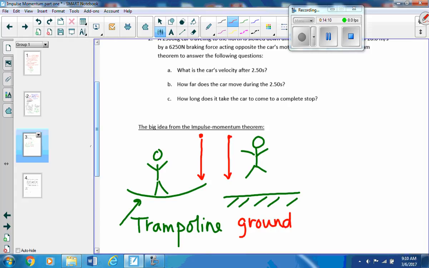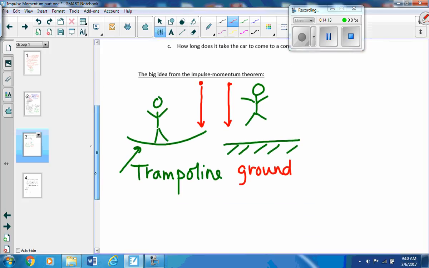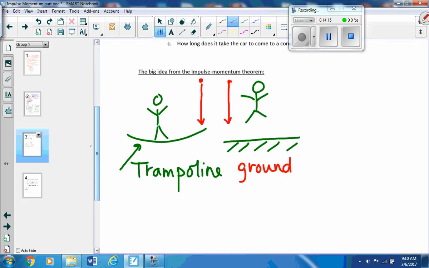Okay, this is what we can really wrap our head around the impulse momentum theorem about. Because if you think about it, they're starting up here at some maximum height where their initial velocity is 0, and at the same point in space, they're going to have the same velocity. Okay? So their change in velocity is the same.